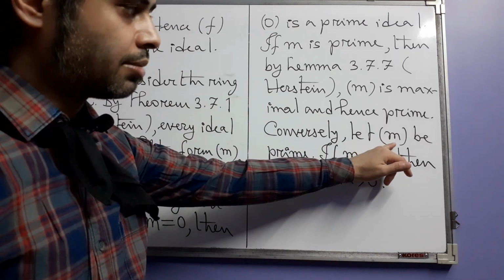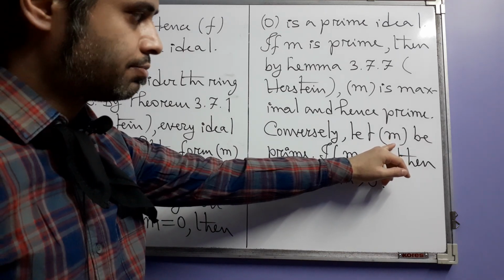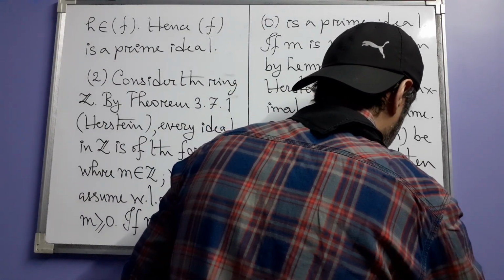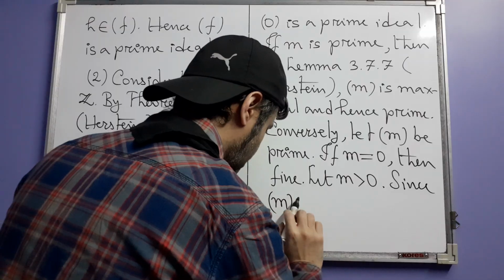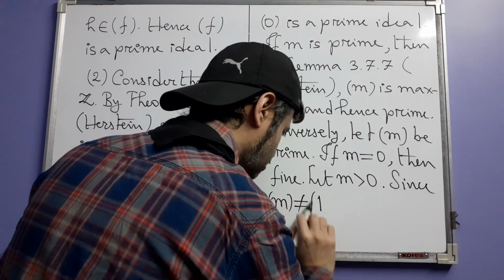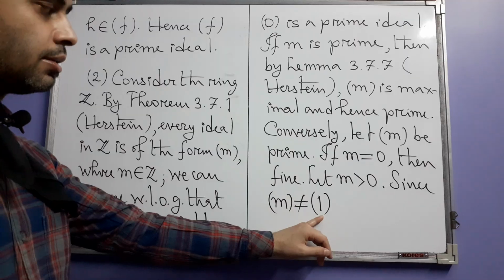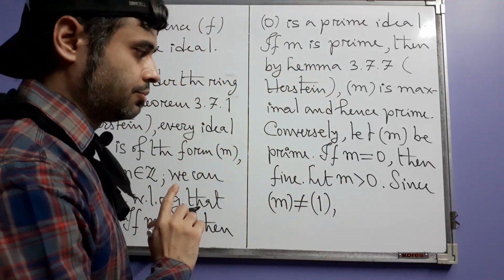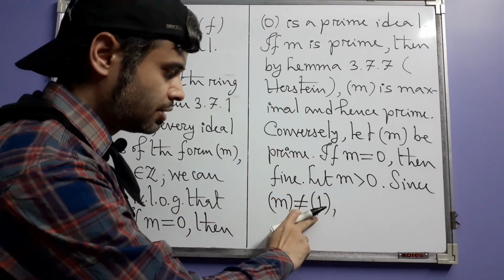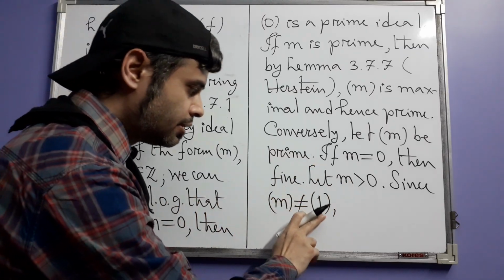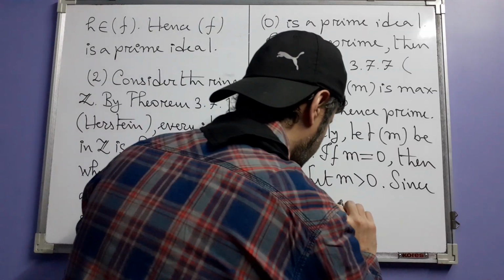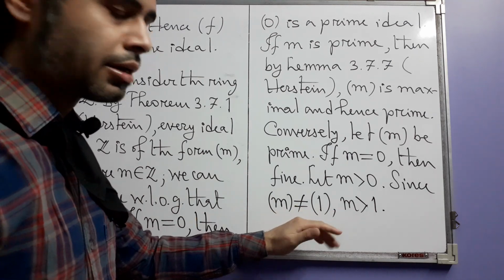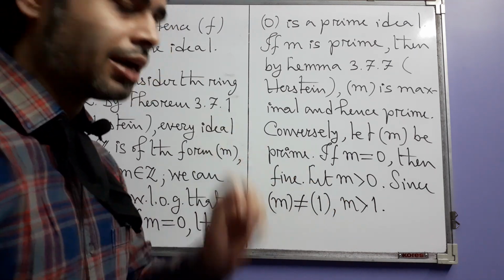Now note that since our hypothesis says that this is a prime ideal, so obviously it's a proper ideal, and that's why, since m is a proper ideal, in this case this is the entire ring, the ring of integers. So m cannot be equal to 1. Okay, m is greater than 0, but because of this m also cannot be 1, because the integer 1 generates the entire ring. So m has to be greater than 1. We actually want to show, we are claiming that m then needs to be a prime number.